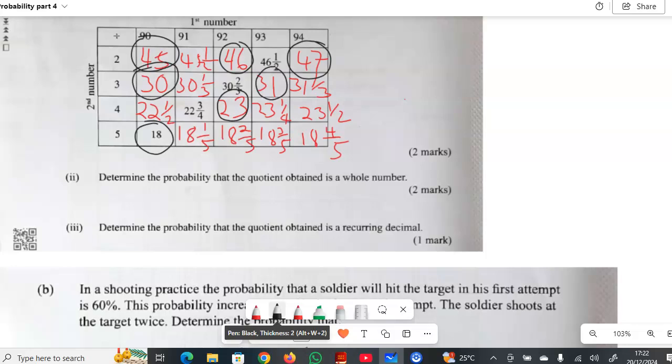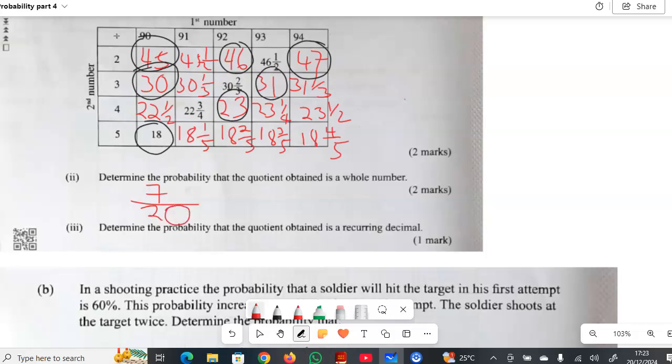So we have 7 possibilities of a whole number. So the probability should be 7 out of the total. The total is 5 times 4, so all of these should be 20. So that is going to be 7 out of 20.